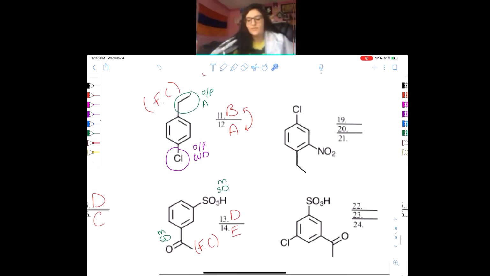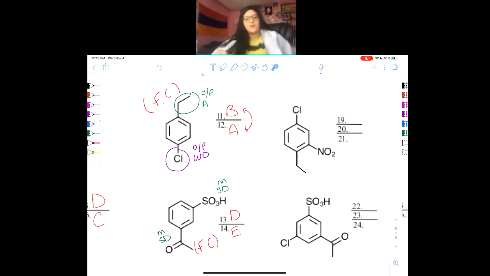And then someone had asked, why is it that this can be reversed? That's a great question. So it can be added the other way as well because both groups are ortho-para directing. So if you just look at it, they are ortho to one another. Either one could have done that. So either one could have been added first. We can't tell which one it was because both groups are ortho-para directing.